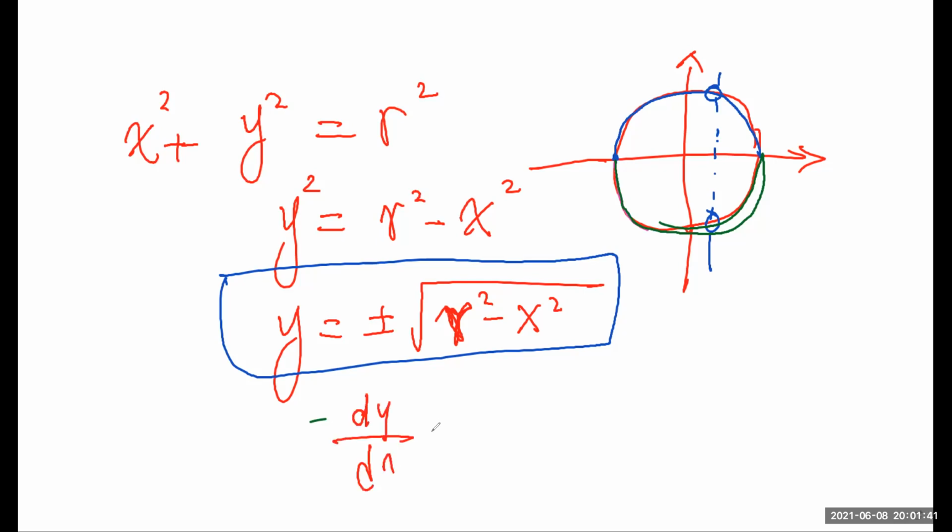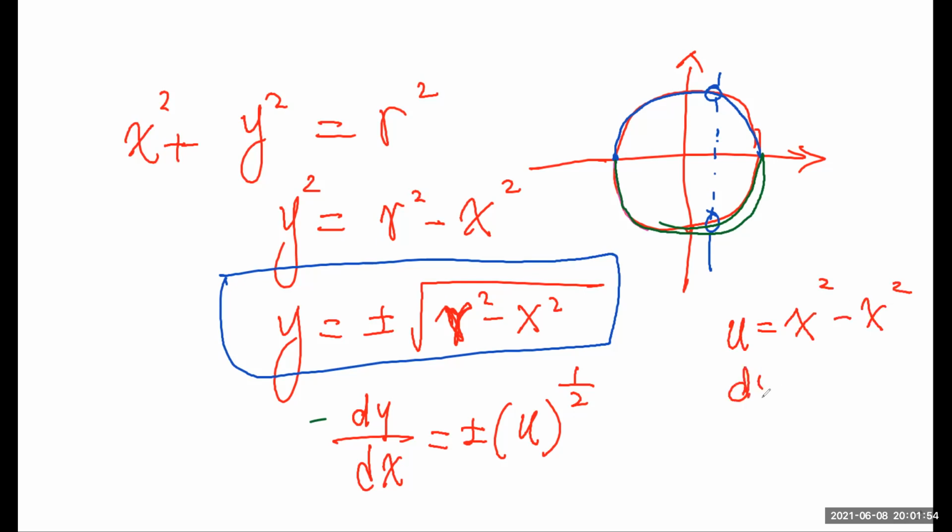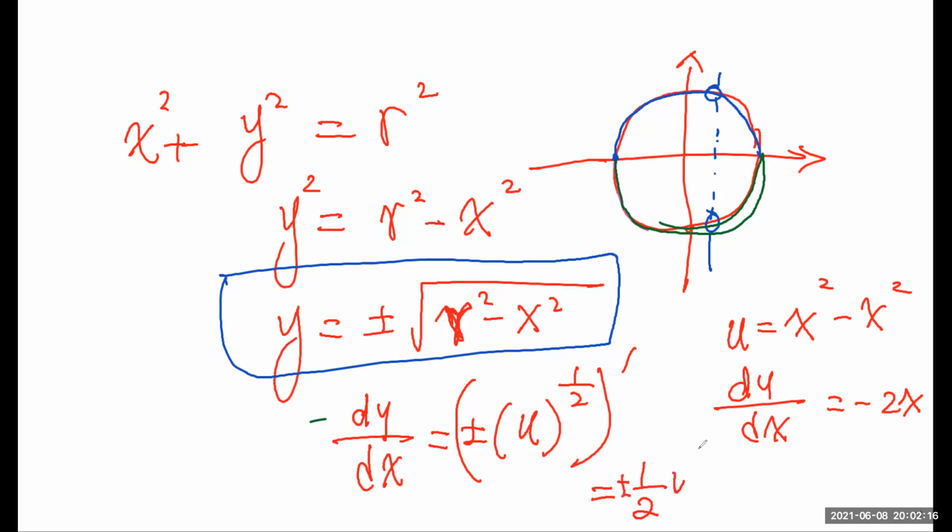This side is easy, but that side we think of as a new function, a half power, where u is r squared minus x squared. Now du/dx, that's easy, it's negative 2x. So we take the derivative with respect to u, which is half, and of course plus minus, and u to the negative half.